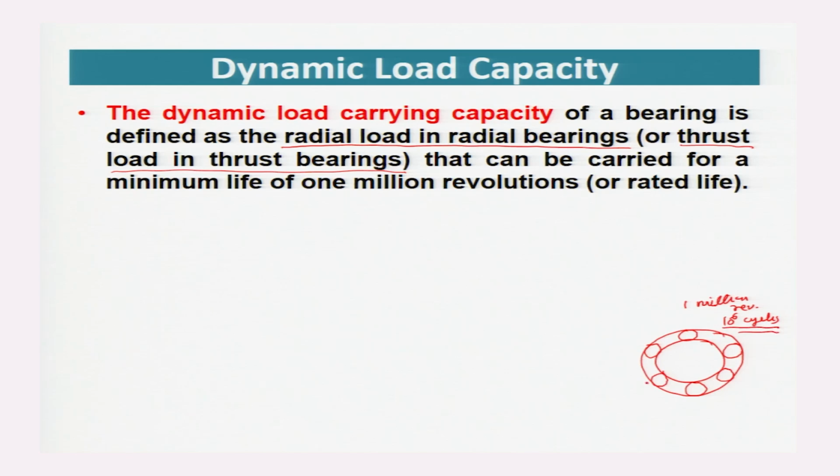And therefore, when we were studying the rated life, we said that to determine the rated life, n number of a group of identical bearings are taken and a particular load is applied, and the bearing is allowed to run at a particular RPM.